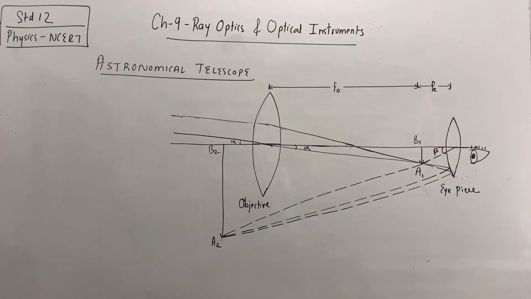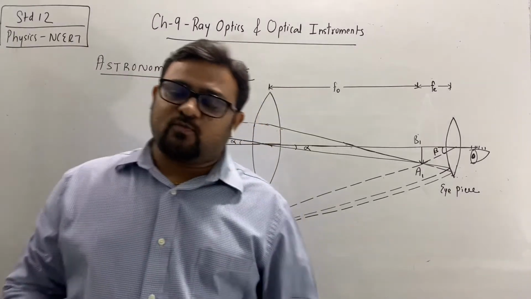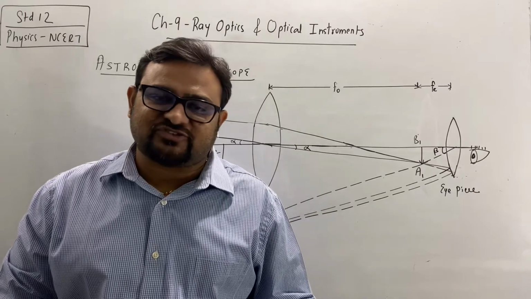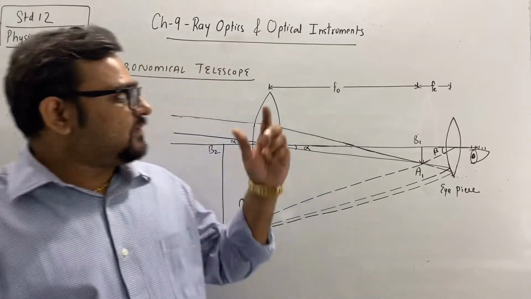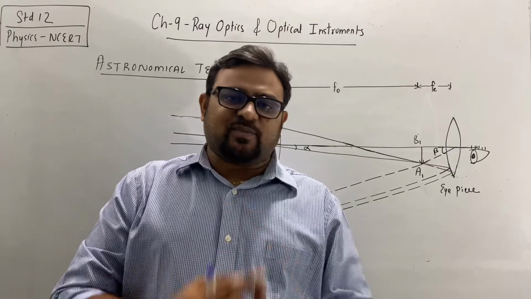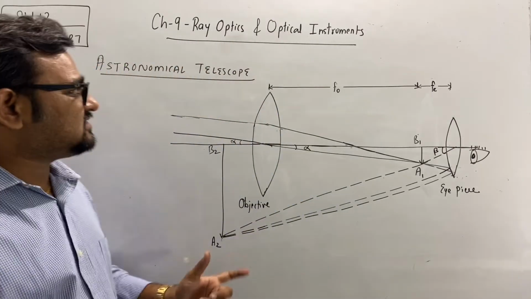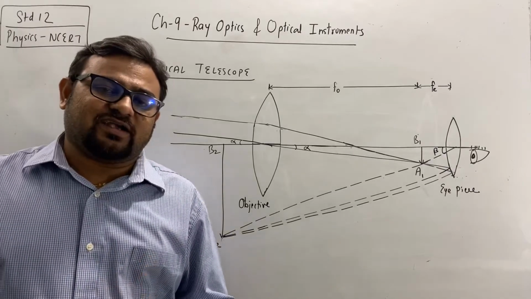The next is the astronomical telescope. This is the last topic of this chapter. In optical instruments, we have studied first the simple microscope, then the compound microscope, and this last one is the astronomical telescope.